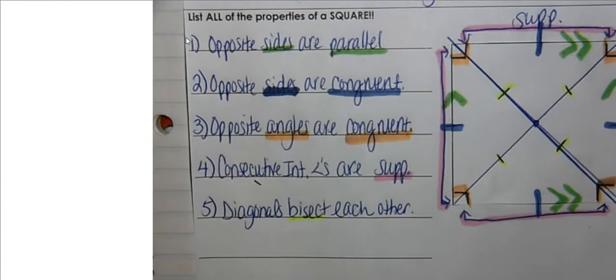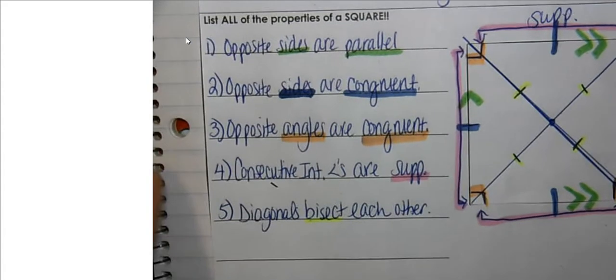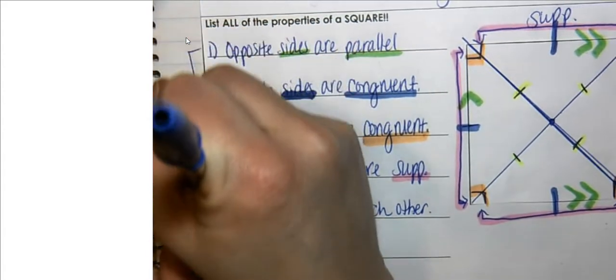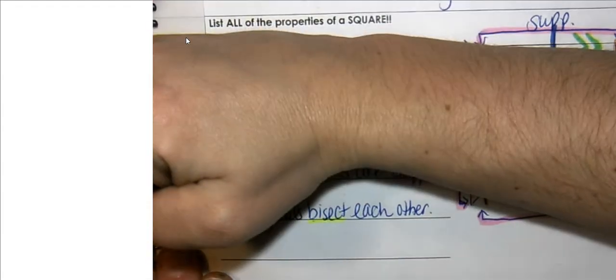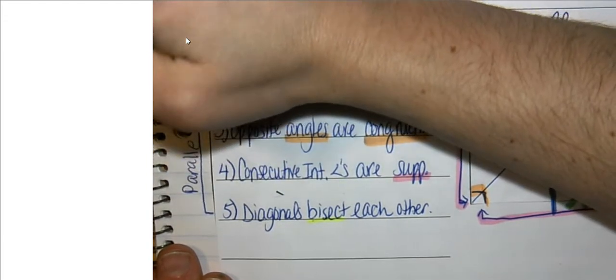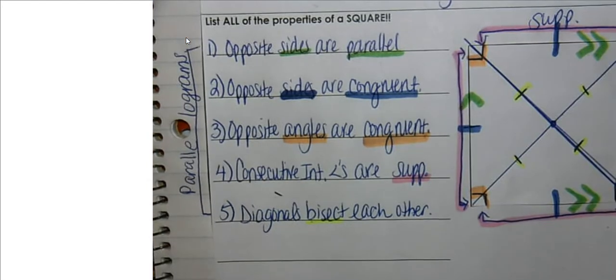And now we're going to talk about the properties of rectangles and rhombuses. So what I've just talked about so far, these are all of the properties of parallelograms. So I'm going to write on the side, parallelograms. And these are all of the properties that come from parallelograms.